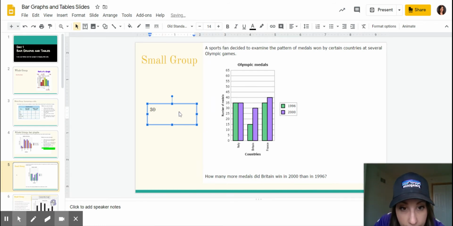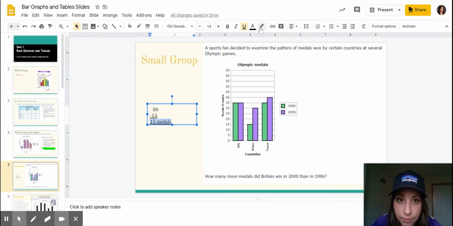Okay, and then in 1996, they won 15. If I'm taking those two things and subtracting them, 30 minus 15, I believe that I am left with 15 medals. There, my friends, is the correct answer.